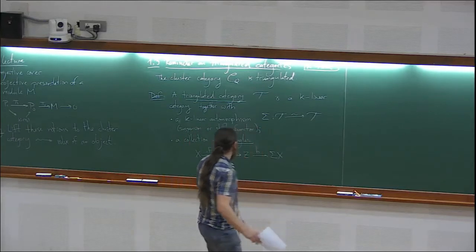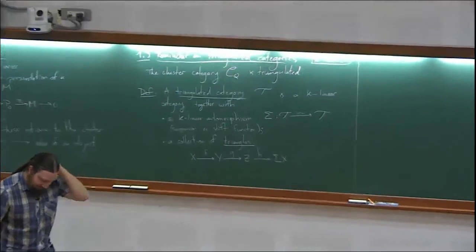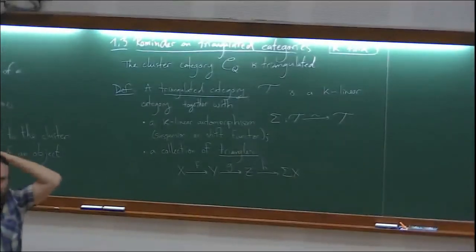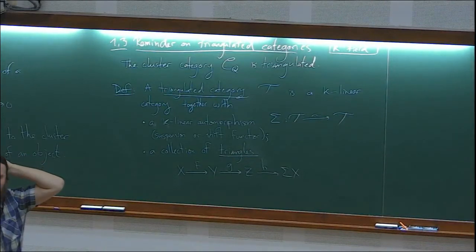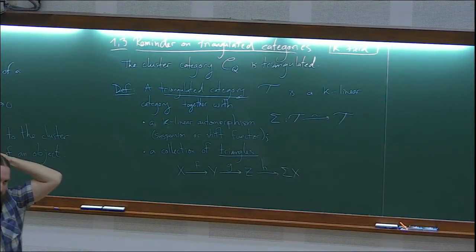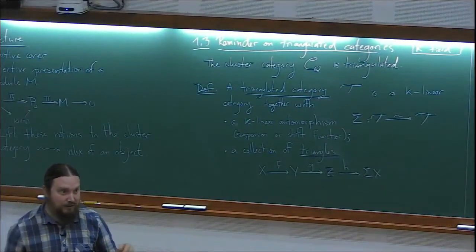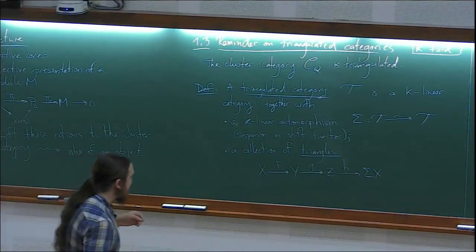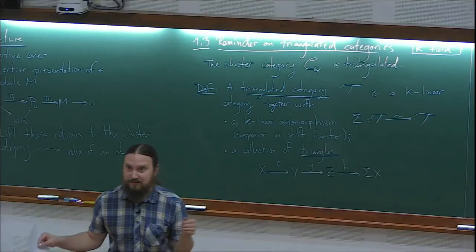And so this collection of triangles, the way you should think about it, and I'll try to make a very vague analogy. What we've done before was with module categories. You have an algebra, and you look at modules over this algebra and morphisms between these modules. This forms an abelian category. And what is nice about an abelian category is that inside there you have exact sequences, short exact sequences.